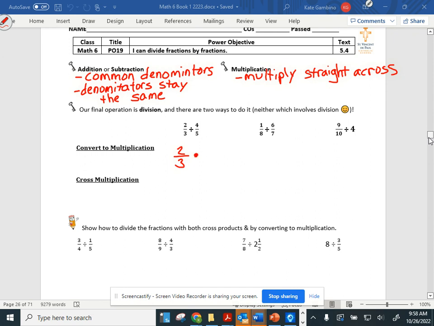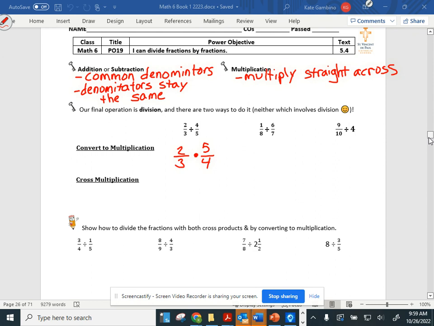And we're going to flip our second fraction to its, anybody know what it's called? Improper? No. Proper? No. Mixed? Denominator? Starts with an R. Reduce? No. Reciprocal. The reciprocal of a fraction is when you flip it.